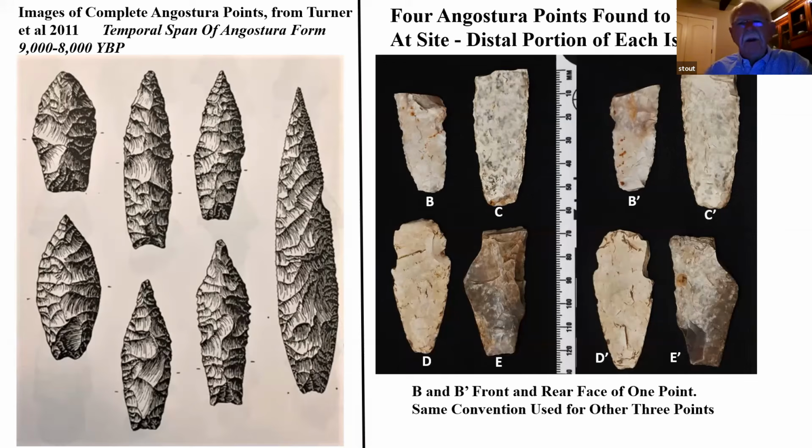The ones we found, you can see there's a front view and a rear view. So B and B prime, for instance, are the same point, just different sides of the point. But what we're looking at is the bottom half of those points. So there are 4 of those, and they have a younger distribution somewhere in the 8,000 to 9,000 years before present range.